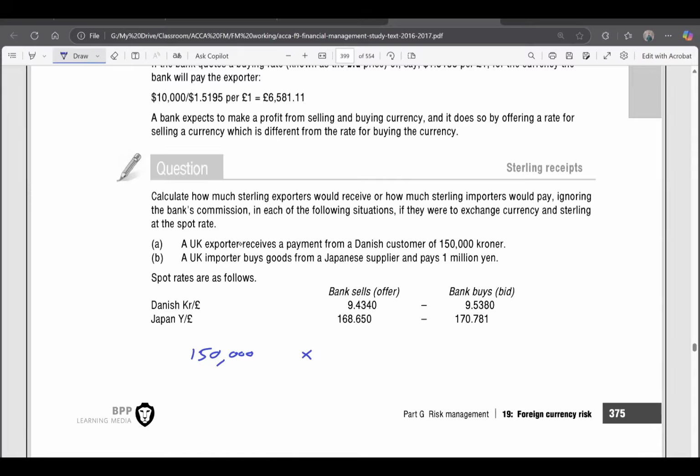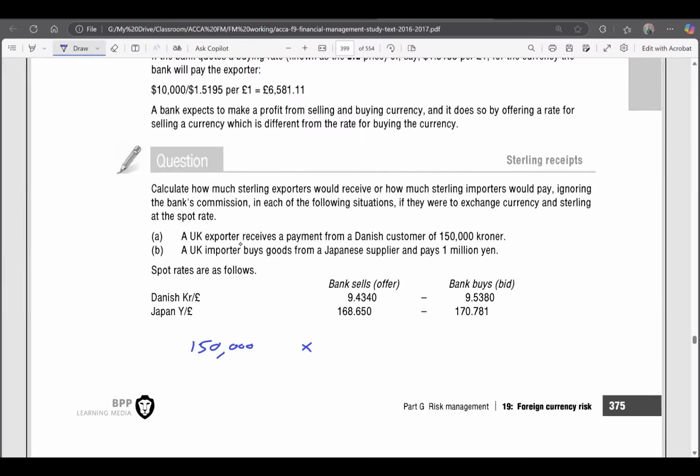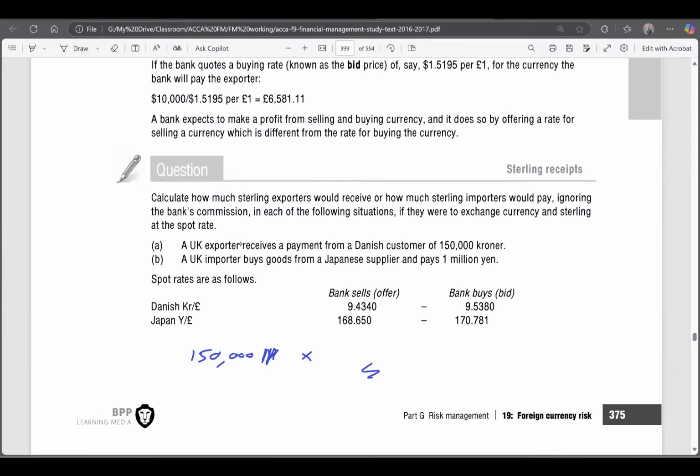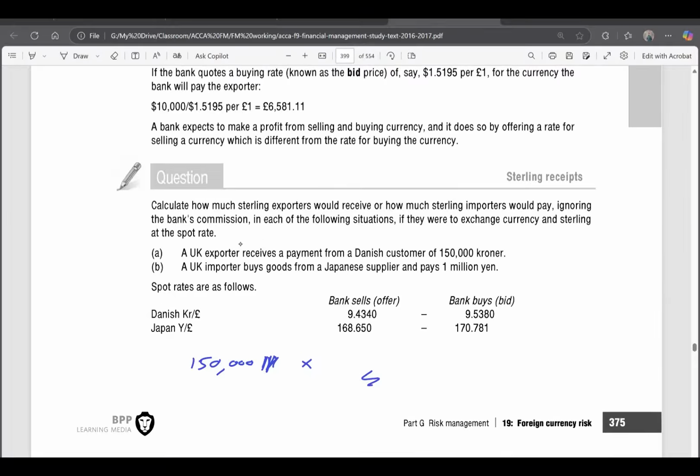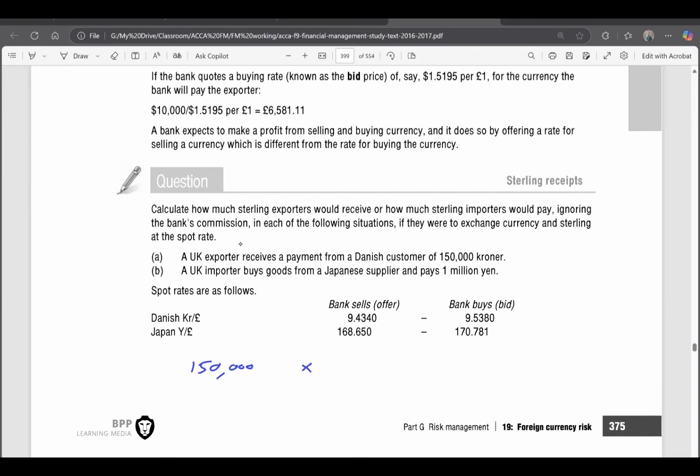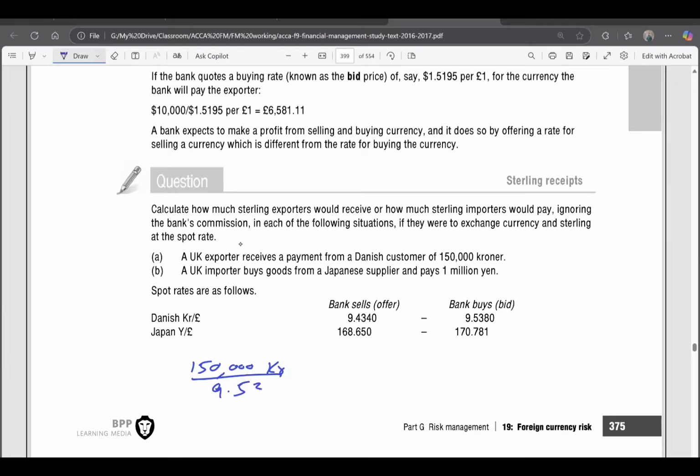Once again, when I erase it, this is going to happen. I don't know what the problem is, but okay. We have a division case here. And which rate do we divide with? It's a receipt, we divide with the high rate. So the second rate is always the high rate.